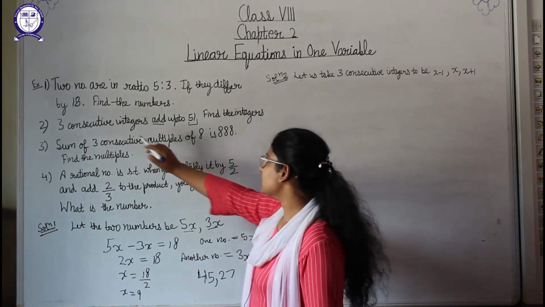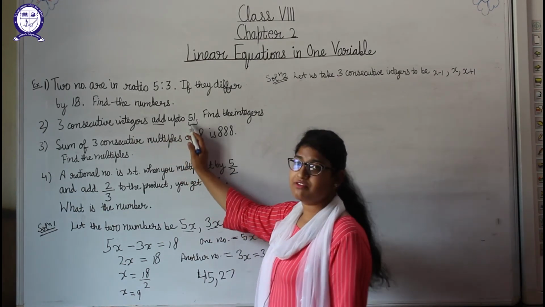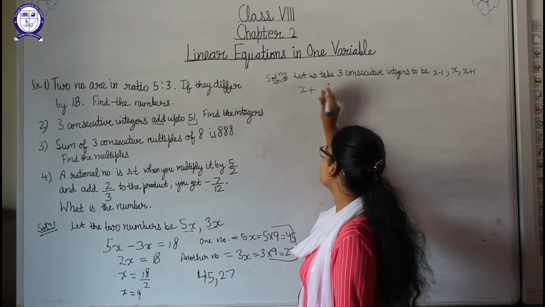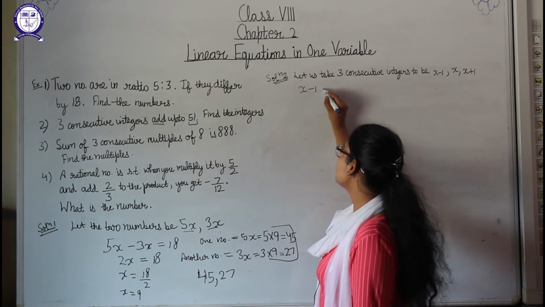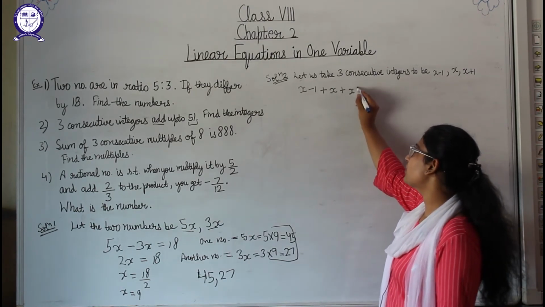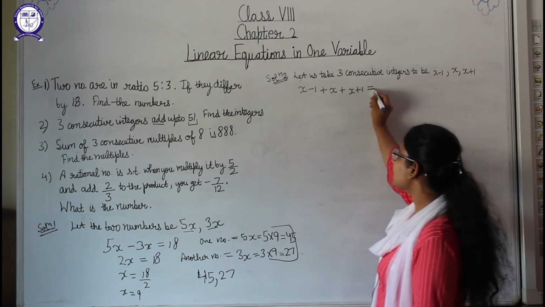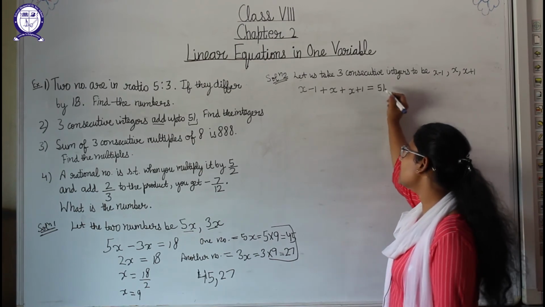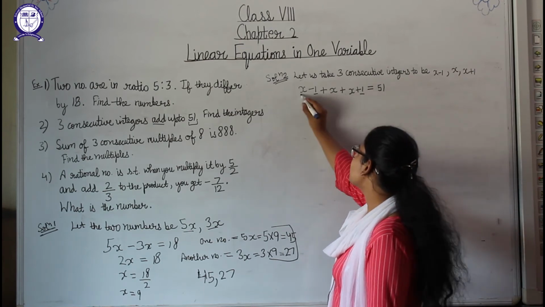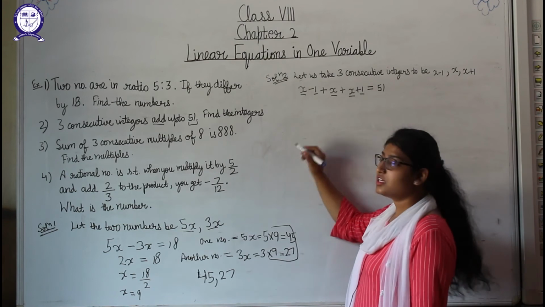Now what is given? It is given that if we add them, we get 51. So we will add them. First integer is x minus 1, next is x, and then x plus 1, and the answer will be 51. Now minus 1 and 1 will be 0. x plus x gives us 3x.